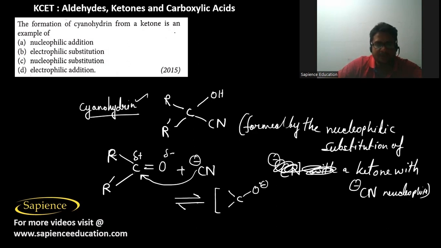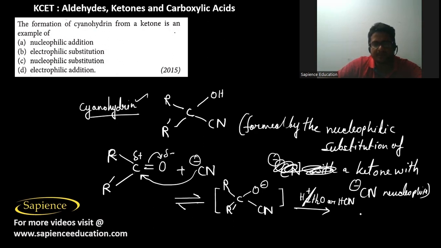These pi electrons will go on the oxygen atom, and it will form O minus with CN, R, R dash. Then in the presence of H plus ion, which can be obtained from H2O or from HCN, it will form cyanohydrin, which is RCR dash(OH)CN.